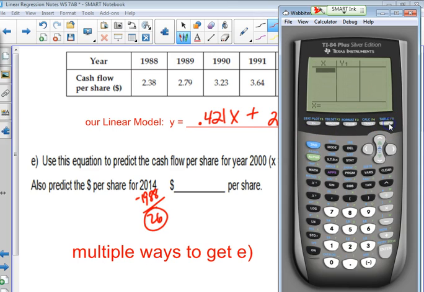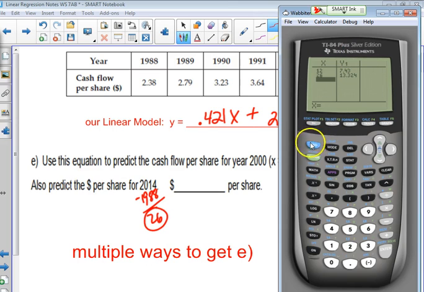Then if I go to the table, it doesn't give me anything until I have saved the equation in Y1. Now I can ask it. What was the first year we needed, 12? I can type 12, enter. I can type 26, enter, and it'll give me those without having to scroll around.